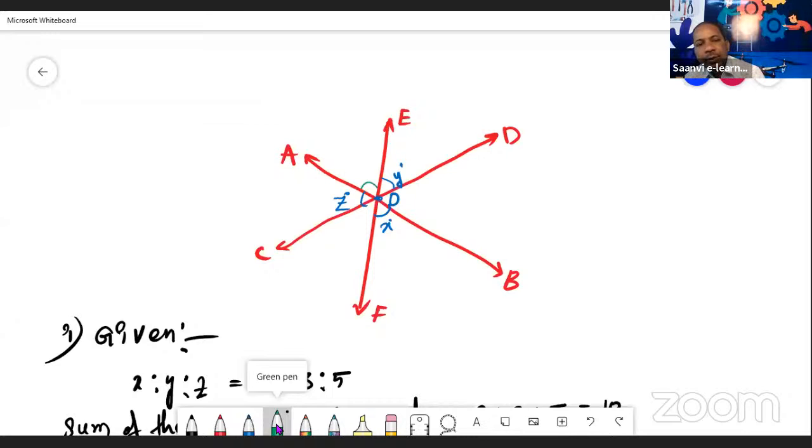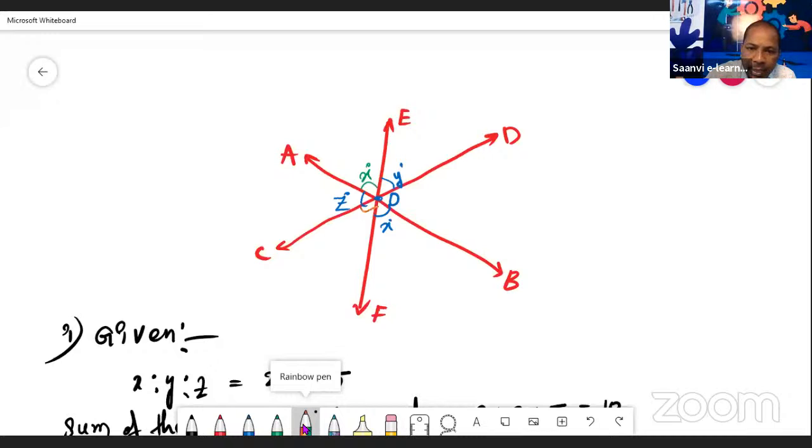We all know that vertically opposite angles are equal to each other. So here the angle X have means here also the angle will form X degrees only. And in the same way, see here angle Y degrees is there. So if we observe this opposite angle, it means this angle. So these two angles are vertically opposite angles.